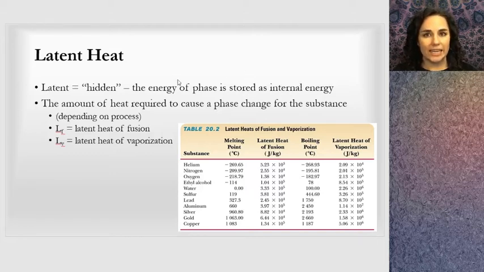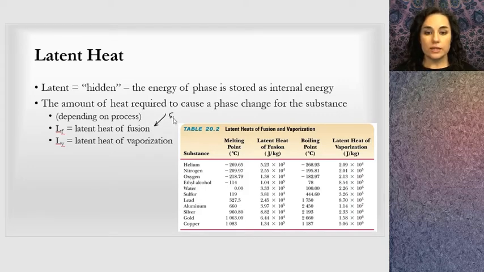So it's hidden. Latent heat is the amount of heat required to cause a phase change for a substance. And notice that this is normalized per kilogram. So it takes so many joules per kilogram to cause something to become a liquid or a solid, or it takes a release of so much energy to become a liquid or a gas.